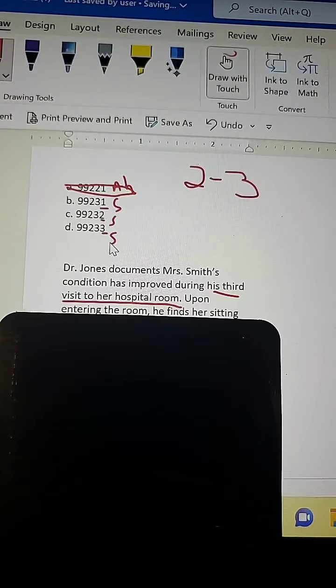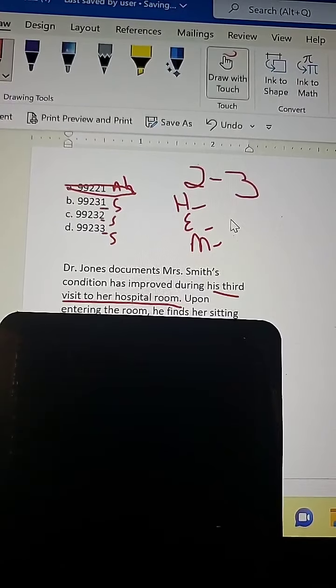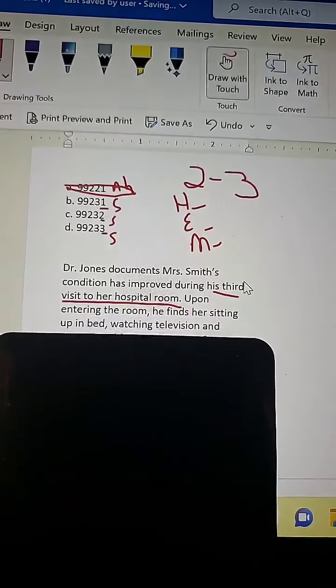Each one of these levels will have a different component that we need to make sure we're under before we can bill it. So we need history, we need exam, and we need MDM. We need to look for those, and 2 out of 3 of these need to match before we can bill a level. So we're going to have to look up all of those.